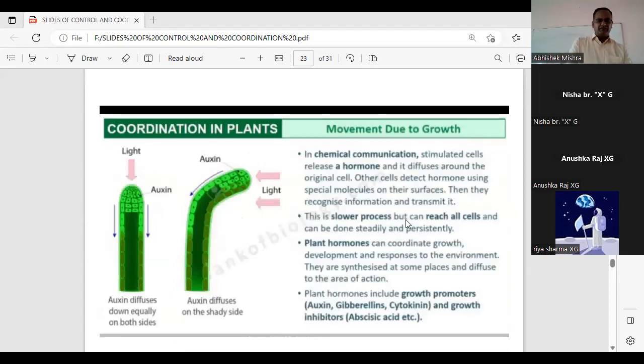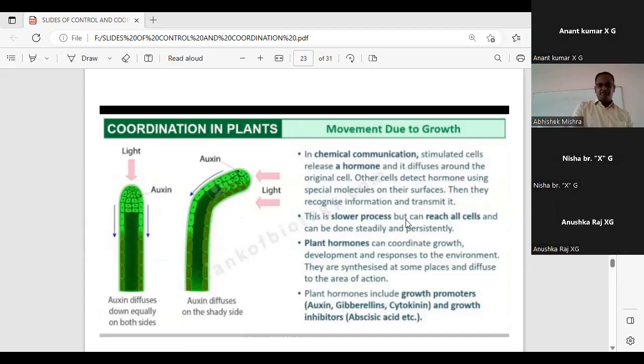Please explain the phenomenon which you are seeing in the slide. Okay, Anand, very good. I want this answer from all the students because today we will be confined to the discussion of coordination in plants, and in tomorrow's class we will start with animal hormones.